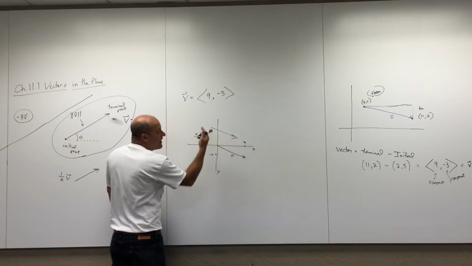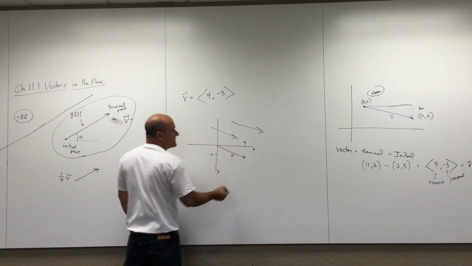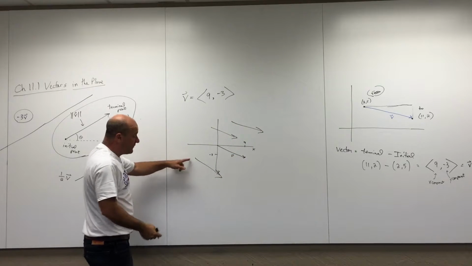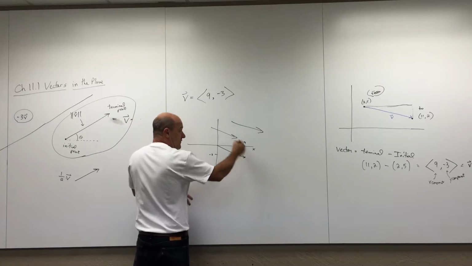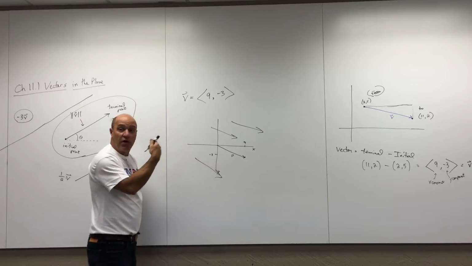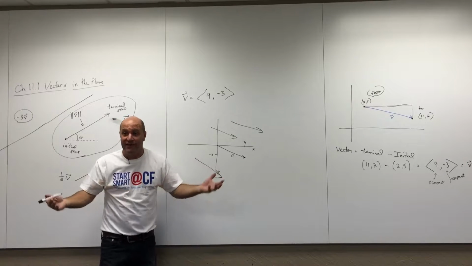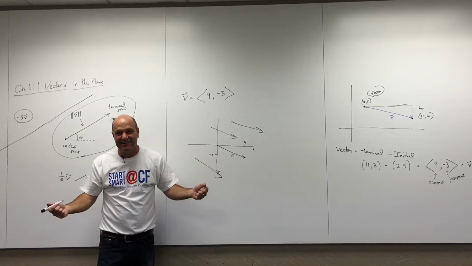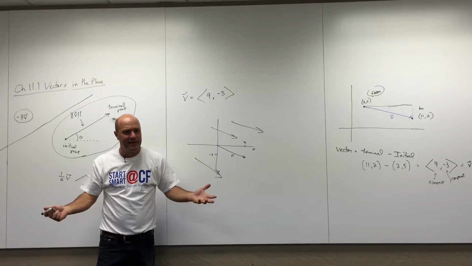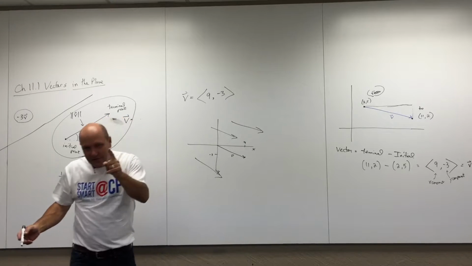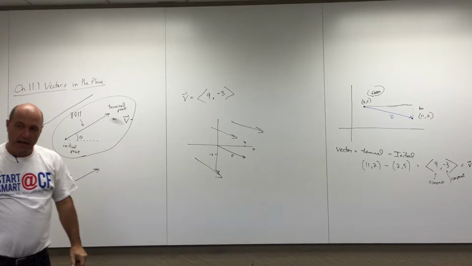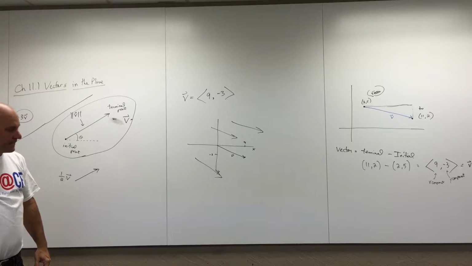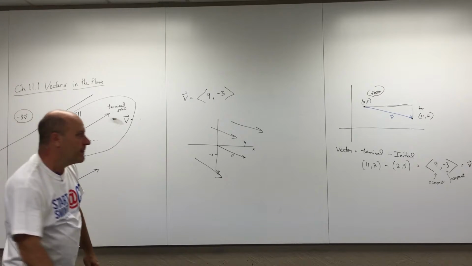This is not a different vector. I know he's got a different initial point. They all have different initial points and different terminal points. But if they're going over 9 and down 3, it's the same vector. We call it the vector 9, -3. So a vector sort of represents a family of vectors in a certain sense. Good.